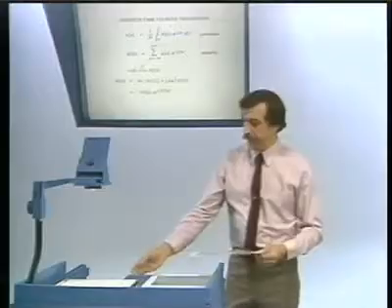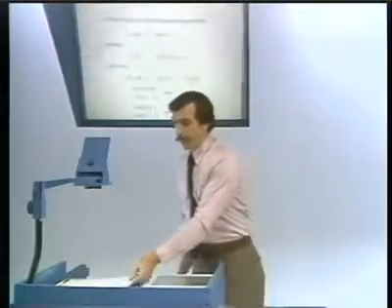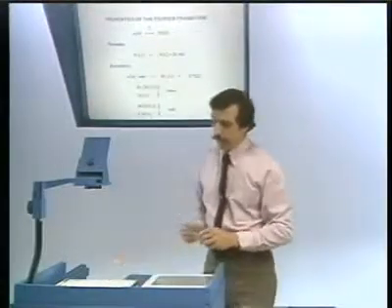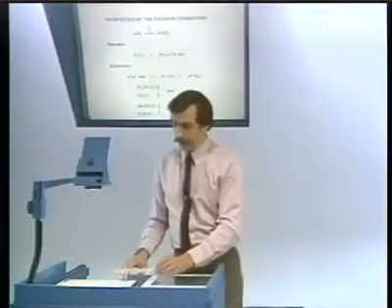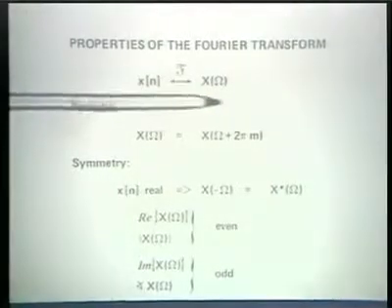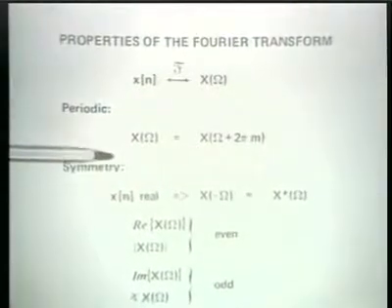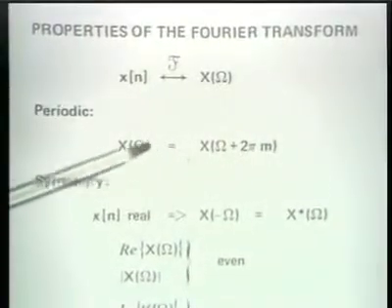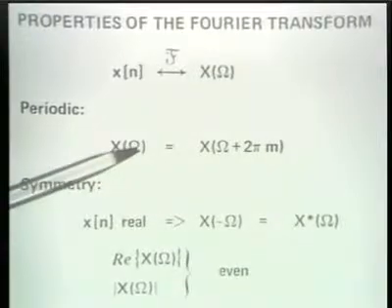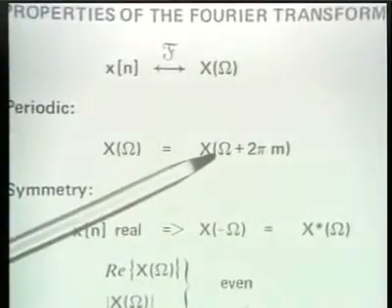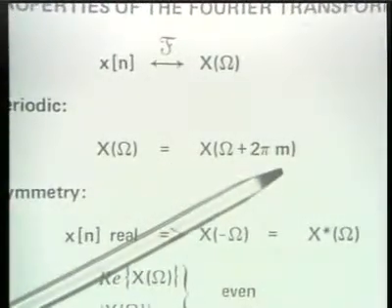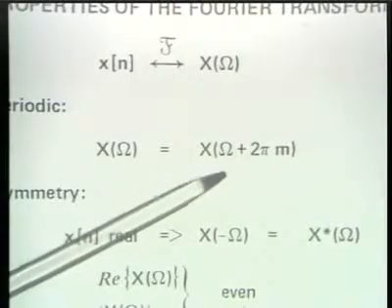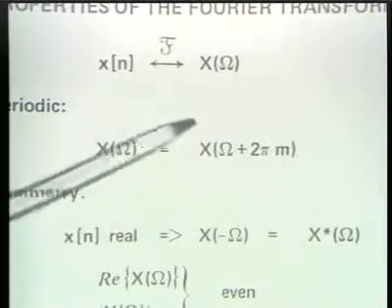Also, as I indicated last time, the Fourier transform is a periodic function of frequency, and the periodicity is with a period of 2 pi. So it says, in effect, that if we replace the frequency variable by an integer multiple of 2 pi, the function repeats.